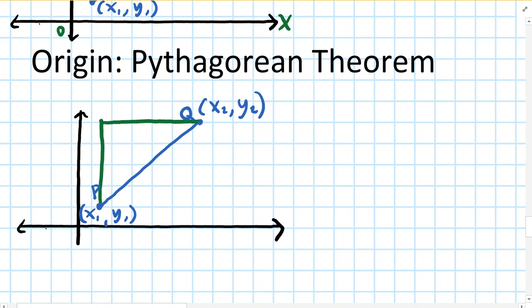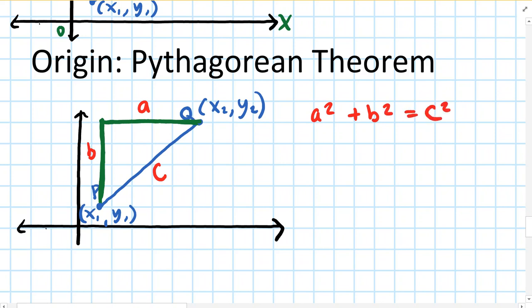So I'm basically walking in that right angle to get to the 2 points and creating a triangle. And then we could call this my A, we could call this my B, and we could call this my C. And we have that formula, that Pythagorean theorem that says a squared plus b squared is equal to c squared.